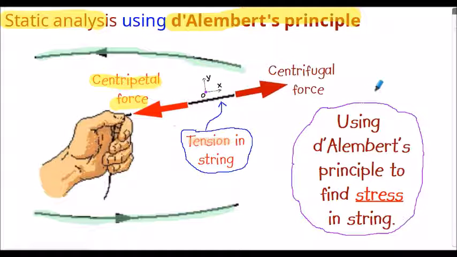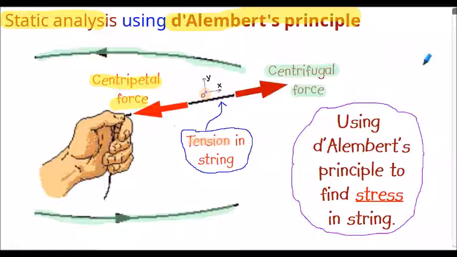However, if we considered body fixed axes here and applied D'Alembert's principle and the inertial force, we could add the centrifugal force acting outwards. That now has given us a balanced situation where we have a force acting inwards and an equal and opposite force acting outwards. So that's a static situation where we can quite easily now find the tension in the string.